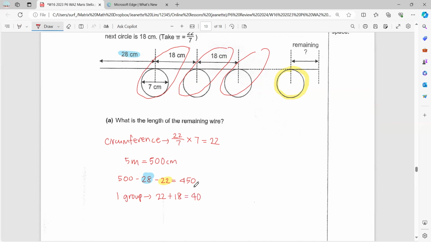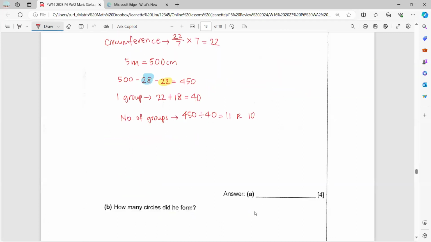Now I have 450. I will take 450 divided by 40 to find how many groups we can get. Okay, so 450 divided by 40. This will give us 11 groups, remainder 10 cm. So I know there's 11 of these grouped up, and this 10 cm is actually this remaining portion here. Okay, so answer for part A is 10 cm.